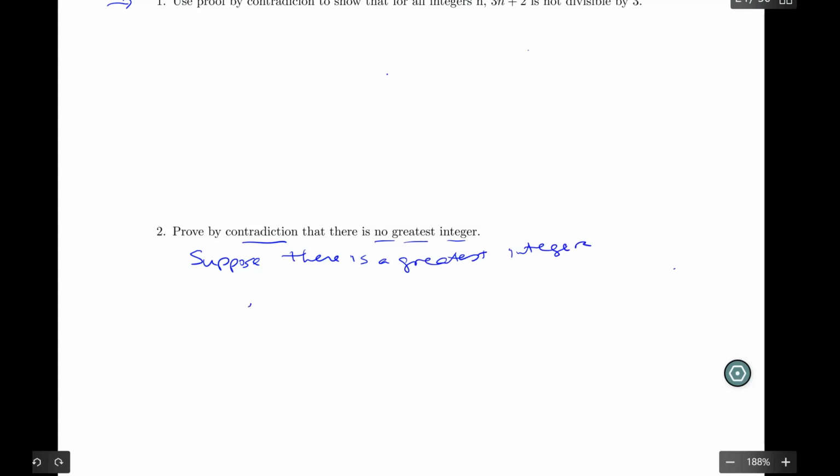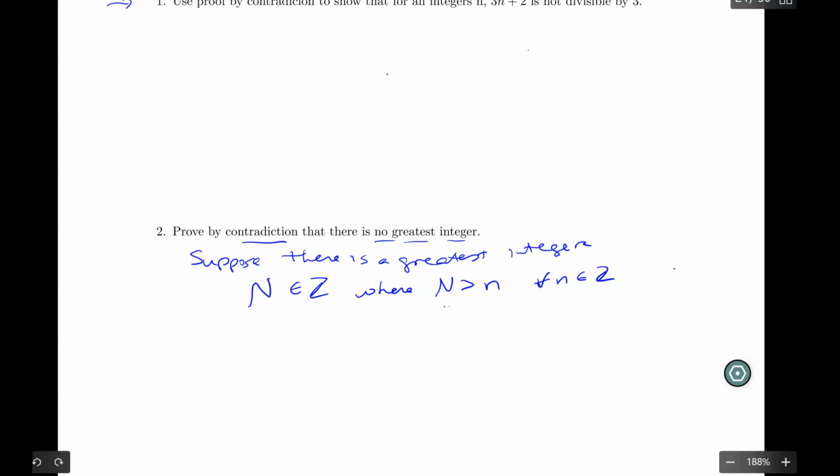I'll use capital N to be the very biggest, the big guy, where capital N is bigger than all the other n's, all the integers.